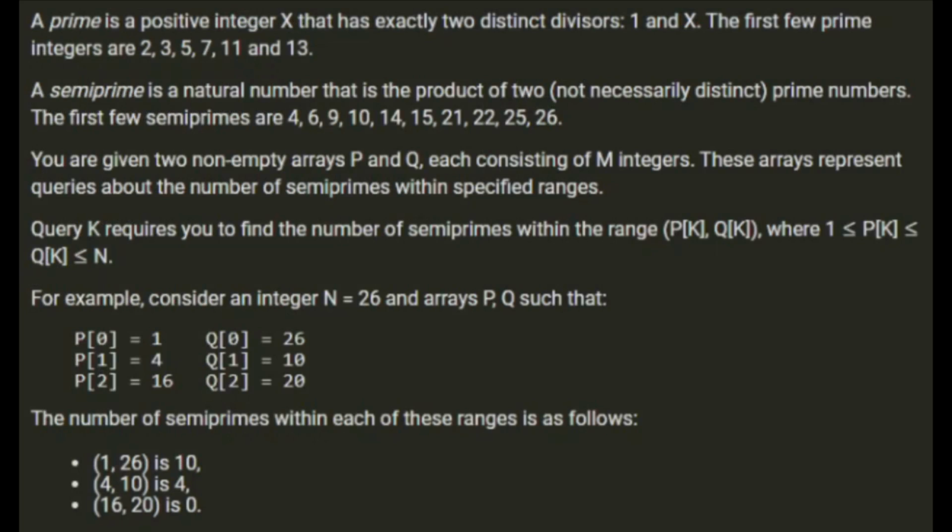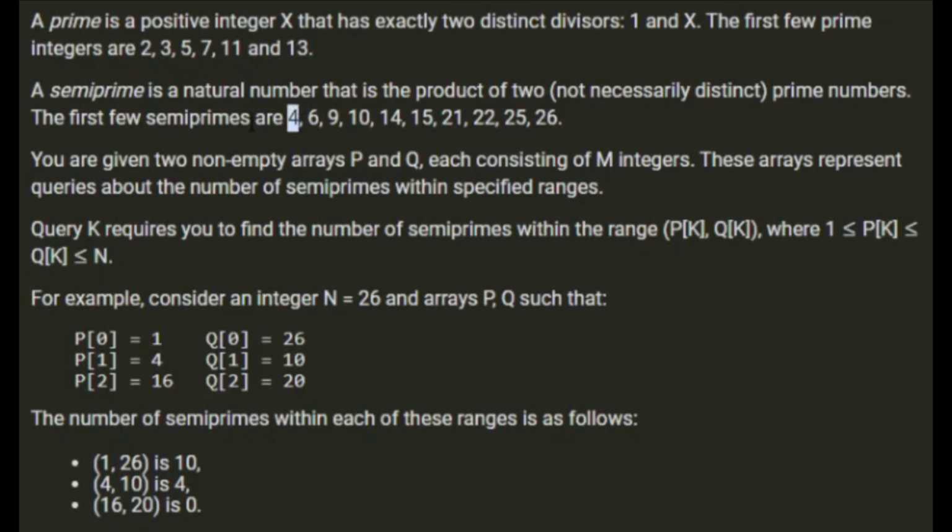Okay, a prime is a positive integer x that has exactly two distinct divisors, 1 and x. The first few prime integers are 2, 3, 5, 7, 11 and 13. A semiprime is a natural number that is a product of two not necessarily distinct prime numbers. The first few semiprimes are 4, 6, 9, 10 and that list there.